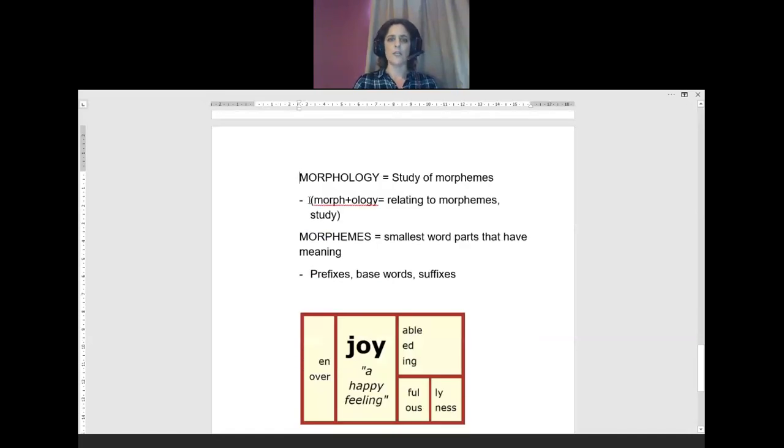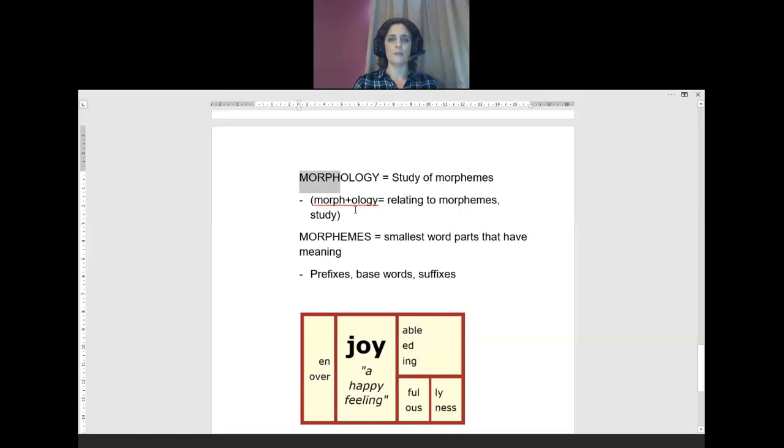So morphology is the study of morphemes, and morphemes are the smallest word parts that have meaning. So if we look at morphology itself, we have morph and we have ology. And the ology means to study, and the morph is relating to morphemes.